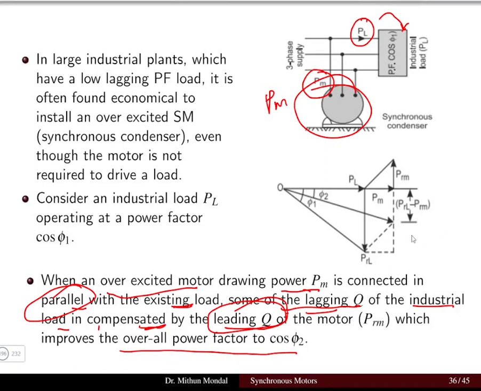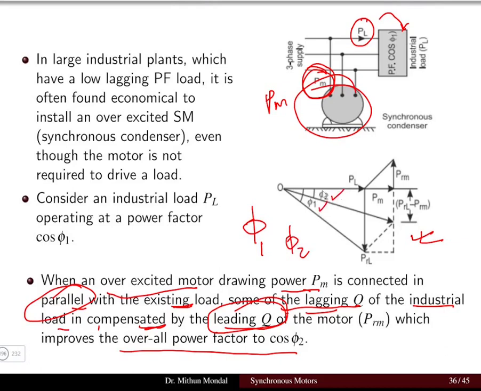If we understand this from the phasor diagram, phi 1 was the initial power factor angle. Now, due to the power being taken by the synchronous motor, since the power factor is improved, the new power factor angle is phi 2. So phi 1 has been changed to phi 2.